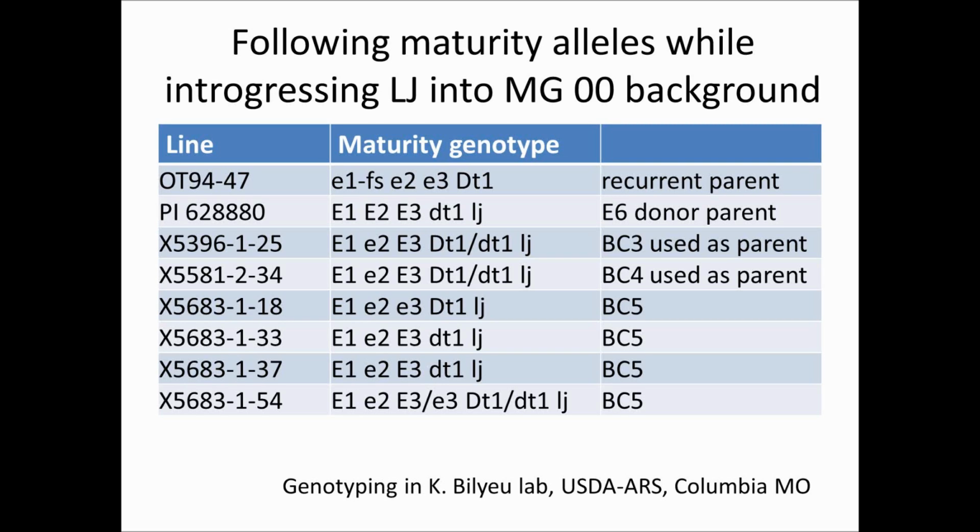You can see that the functional E1 was retained in all the selected late flowering lines, late flowering under 12 hours. The late flowering E3 and determinate growth habit are linked, and some of that was retained in some cases and not in all cases. And both those DT1 and E3 are loosely linked on chromosome 19.